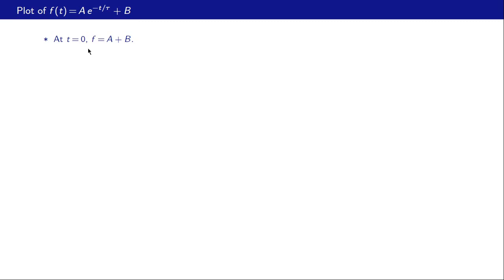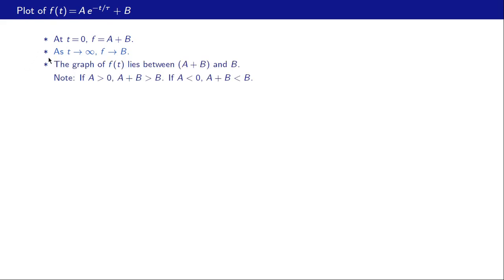What about t equal to 0? If we substitute t equal to 0 here, e raised to minus t by tau becomes 1, and therefore we have f equal to a plus b. What about t equal to infinity? As t tends to infinity, e raised to minus t by tau becomes 0, and therefore we have f tending to b.